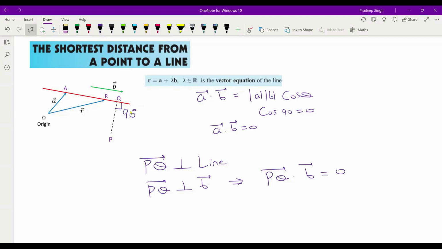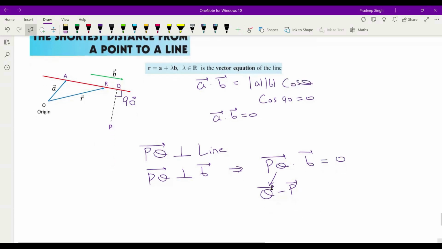And how do we find PQ vector? That will be Q minus P. Now, P vector will be given in the question. That's the point. A Q vector is any random point lying on the line, but it is the shortest distance from point P. So, how do we find Q? Q is found from the vector equation. So, we'll understand this in much more detail in the next example.